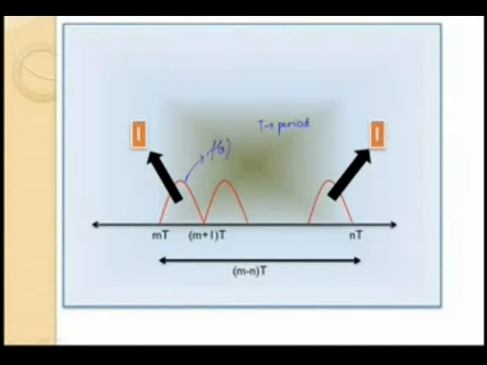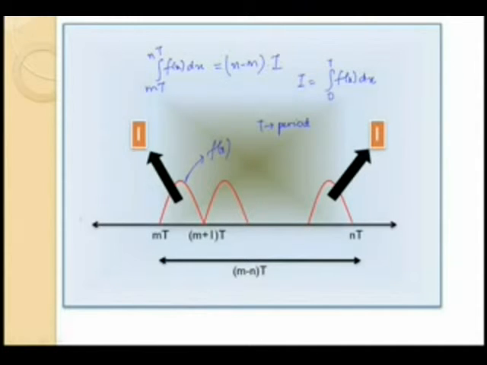This entire area from m times t to n times t, that is integral of f(x) dx from m times t to n times t, is nothing but equal to the sum of all these areas. The number of these areas is n minus m, into I, but we also know that I is equal to integral of 0 to t f(x) dx.